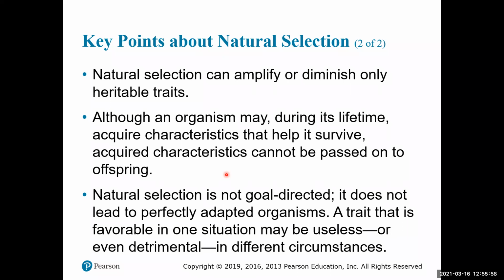However, as soon as they go into the forest, they're no longer camouflaged and they're not fit for that environment. And so where they were doing really well in the beach environment, they do really bad in the forest environment. And so again, fitness is determined by the environmental factors that are present in their current environment, right?